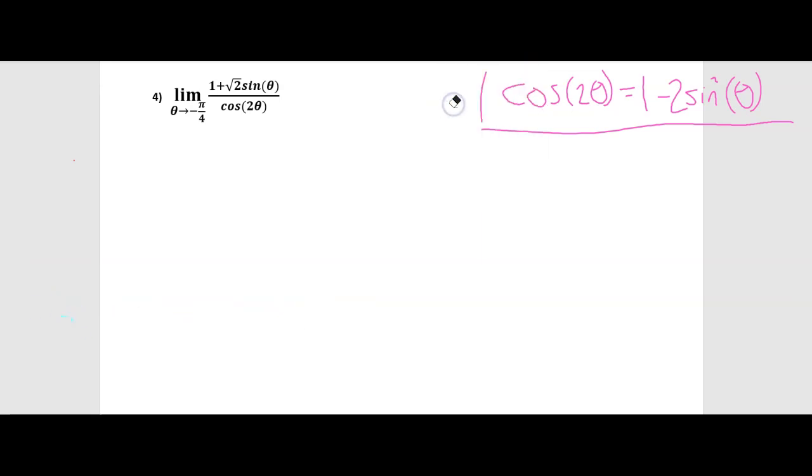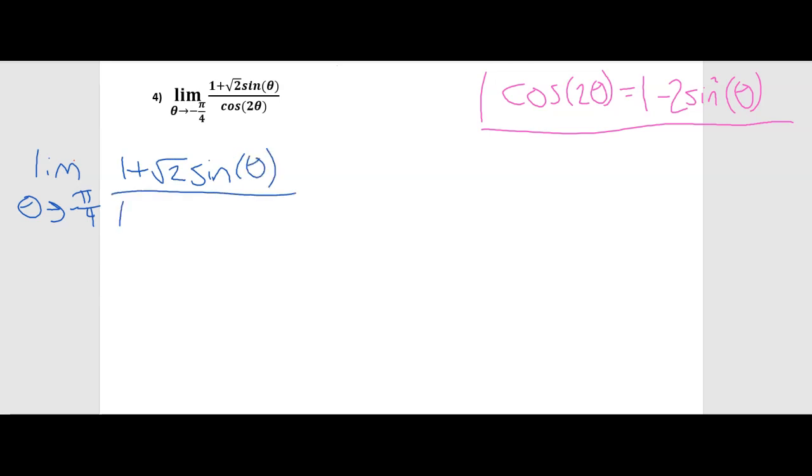But we're done now. So if I start, I'm going to rewrite my limit, of course. I'm going to leave my numerator the same. I'm just going to rewrite my denominator as 1 minus 2 sine squared of theta.